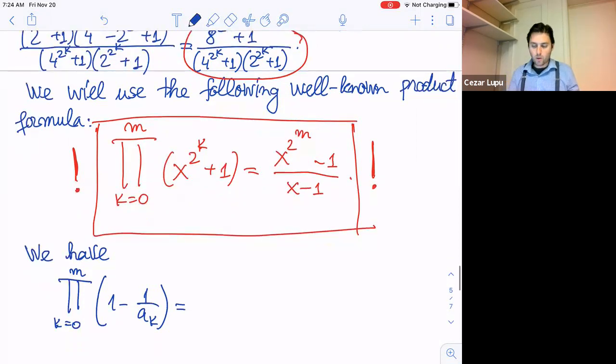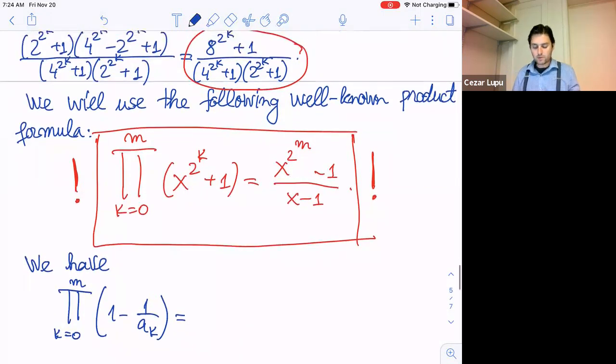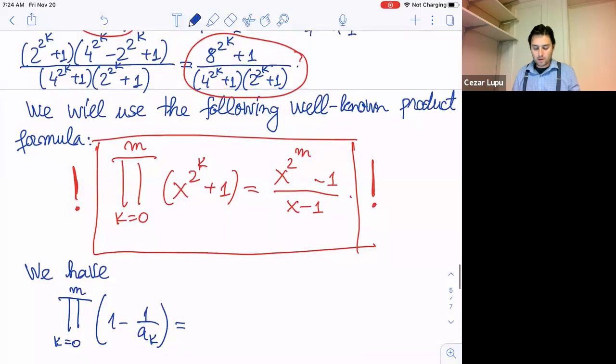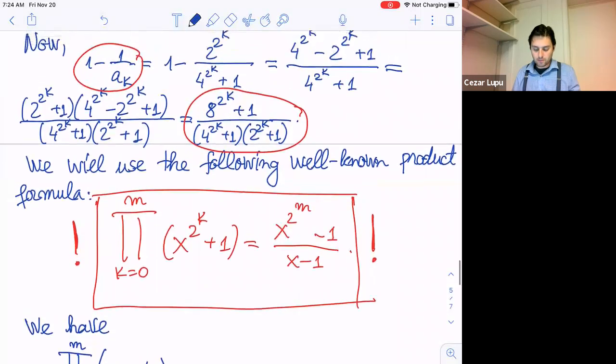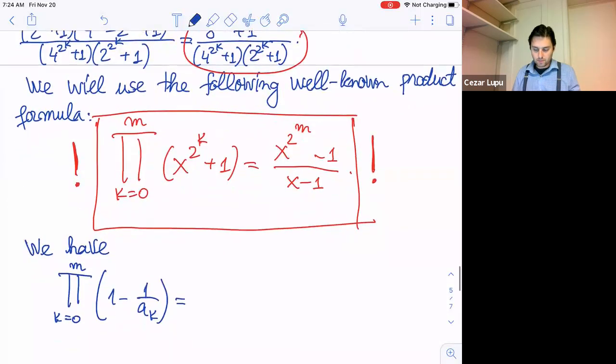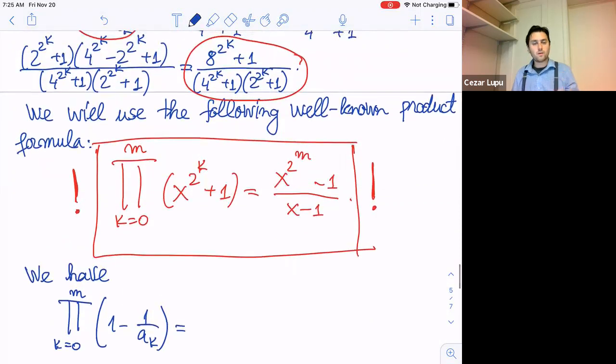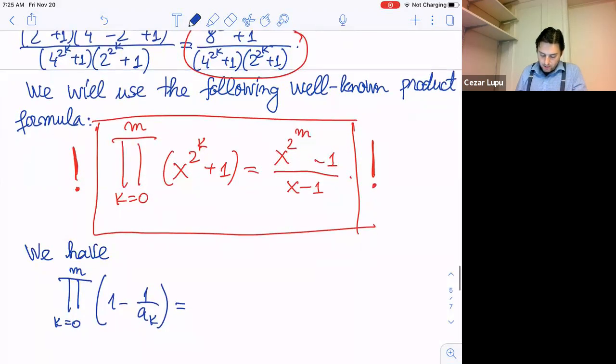Perfect. So now we apply this identity, because all these terms, if you look here, they're in terms of... So I have the product, let's write it.